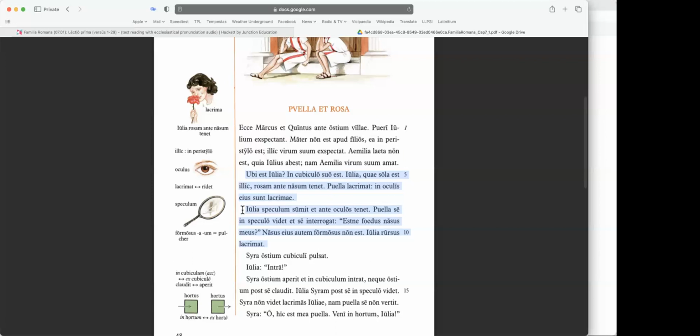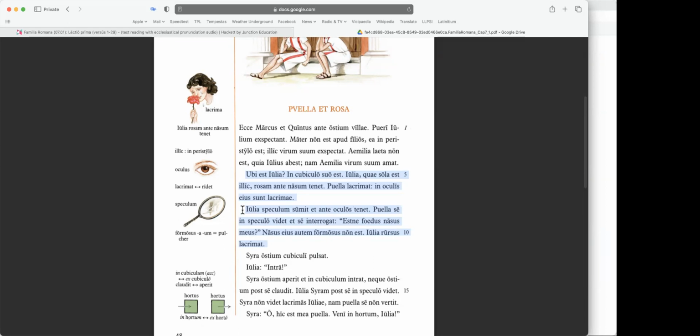Julia takes a mirror and holds it in front of her eyes. The girl sees herself in the mirror and asks herself, is my nose ugly?